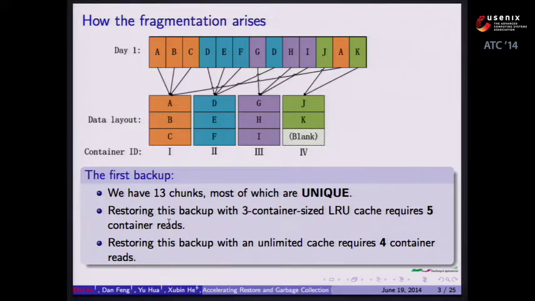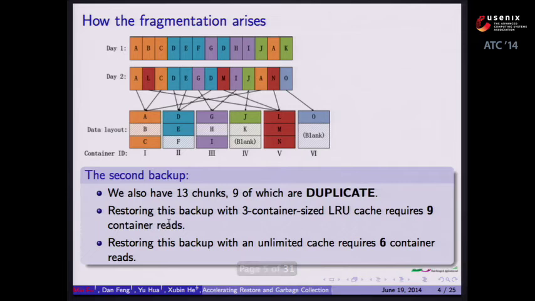For example, we need to read chunk A first, so we prefetch the entire container 1 that holds chunk A into the in-memory LRU restore cache. Suppose our LRU cache is 3 containers in size. We need to read 5 containers to restore the complete backup stream. And if our cache is unlimited, we need to read only 4 containers to restore this backup stream.